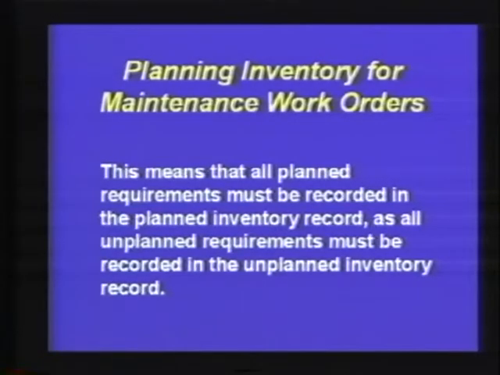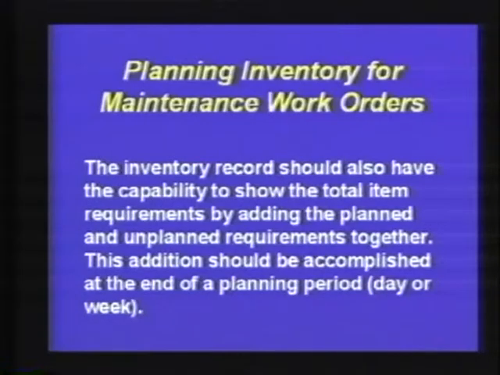And the third paragraph indicates that the inventory record should also have the capability to show the total items required by adding both the planned and unplanned together. And this is specifically what we accomplished when we reviewed the two records on page 7A.